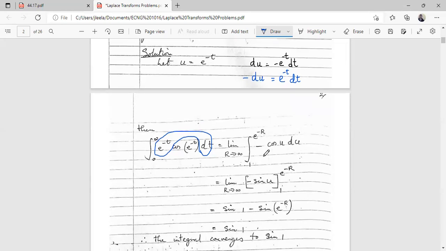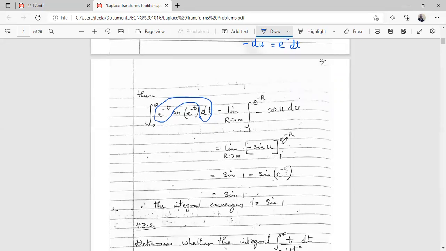So when you integrate cos u, you get sin u, but you have a negative in front, so you have negative sin u. And then you apply the limit e to the minus r, 1, r approaching infinity. So of course, if r approaches infinity here, that would be e to the negative infinity, right? Which is 0.